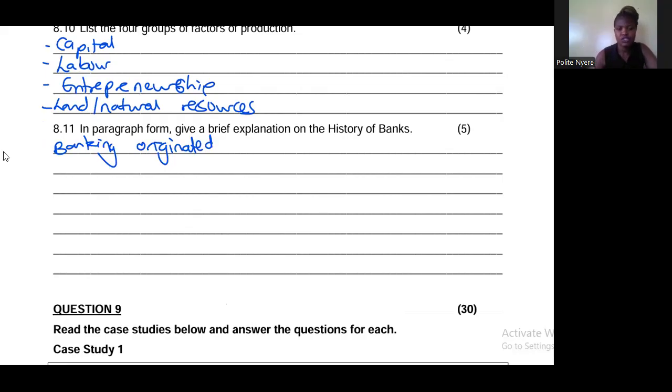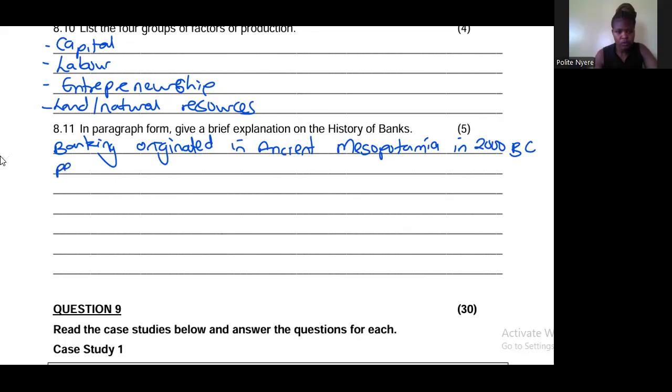It originated in ancient Mesopotamia, around 2000 BC. That's the way it originated.